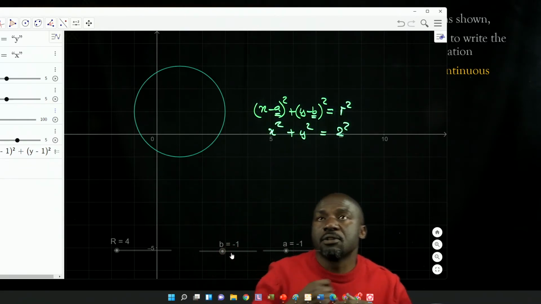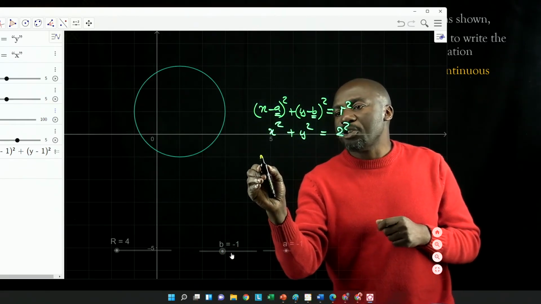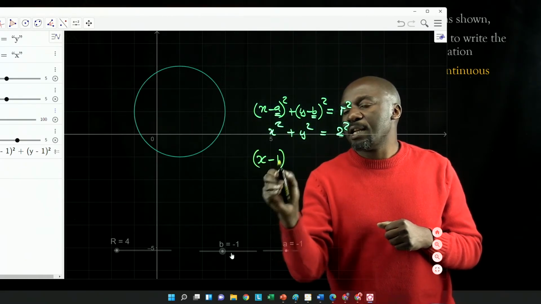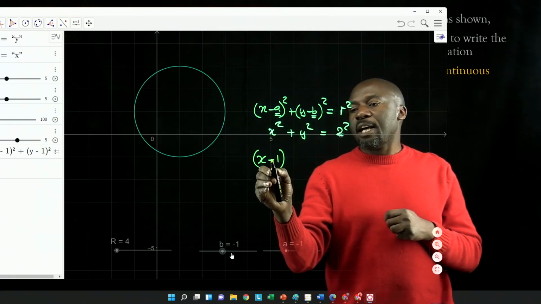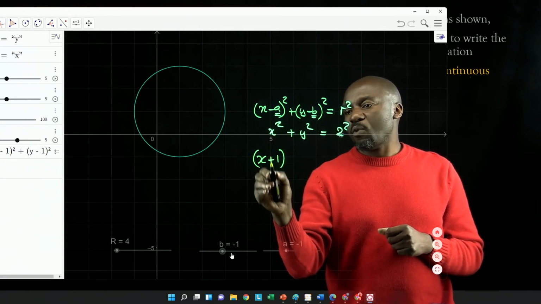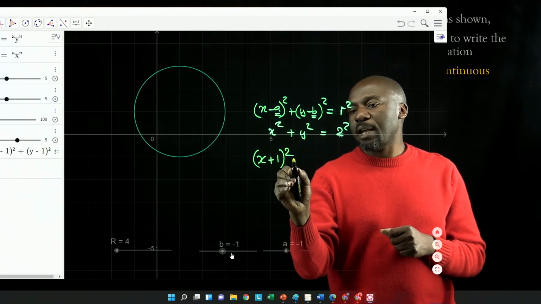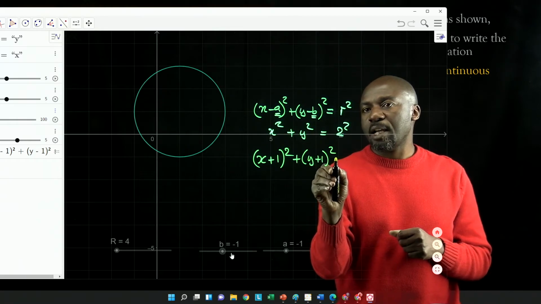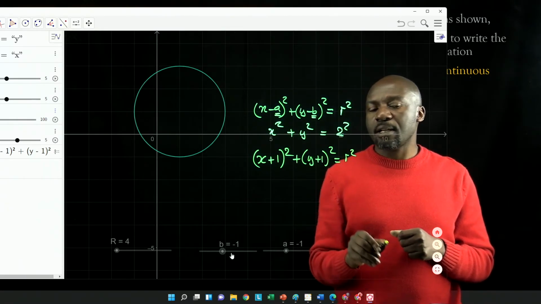So we are saying that the equation is (x minus 1), or basically x plus, because A is -1, that makes this 1, squared plus (y plus 1) squared is r squared.